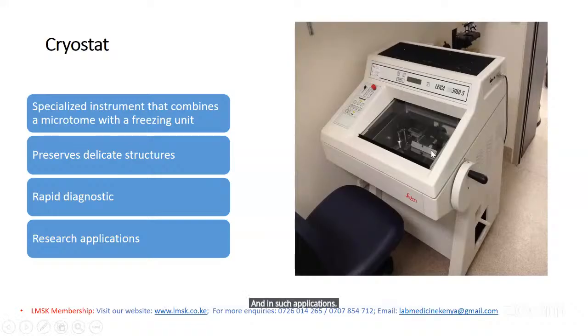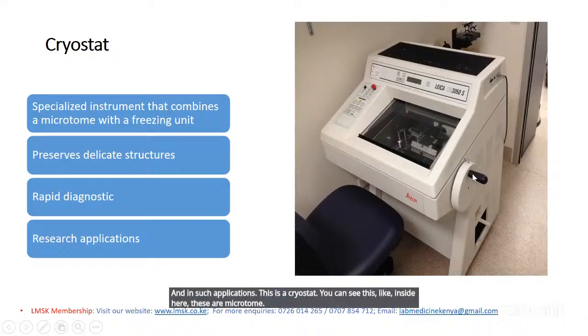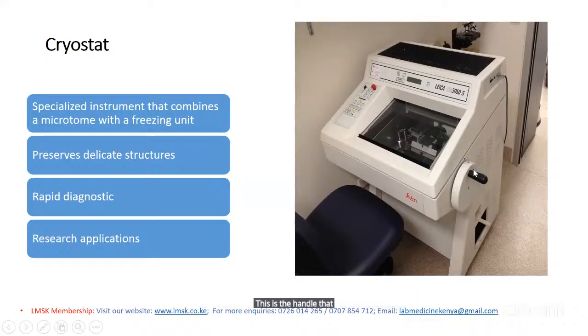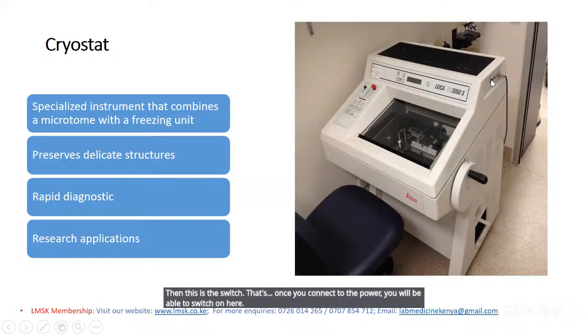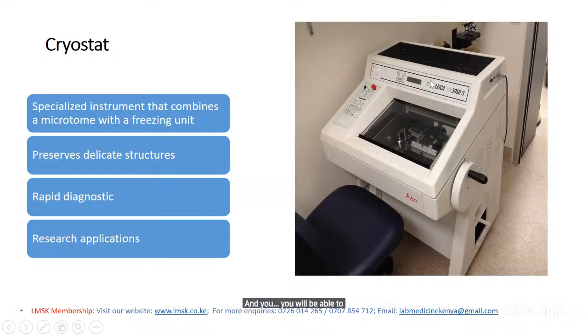This is a cryostat. You can see this like inside here, this is a microtome. This is the handle. That's just like the normal handle for the rotary microtome. Then this is the switch that once you connect to the power, you will be able to switch on here, and you will be able to see the temperatures here.